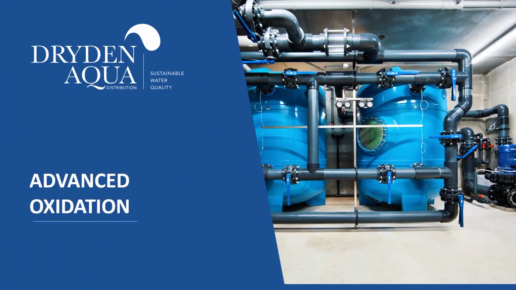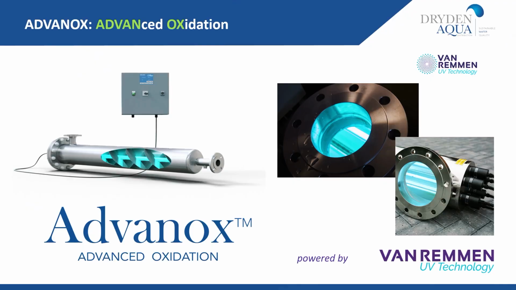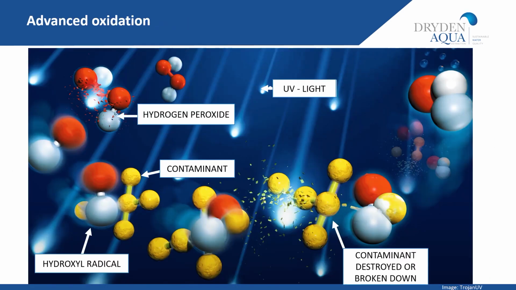A better solution is advanced oxidation, and this is where our Advanox technology comes into play. In partnership with UV experts Van Remmen, based in Holland, they produce this system for us, and it's in conjunction with the introduction of hydrogen peroxide.